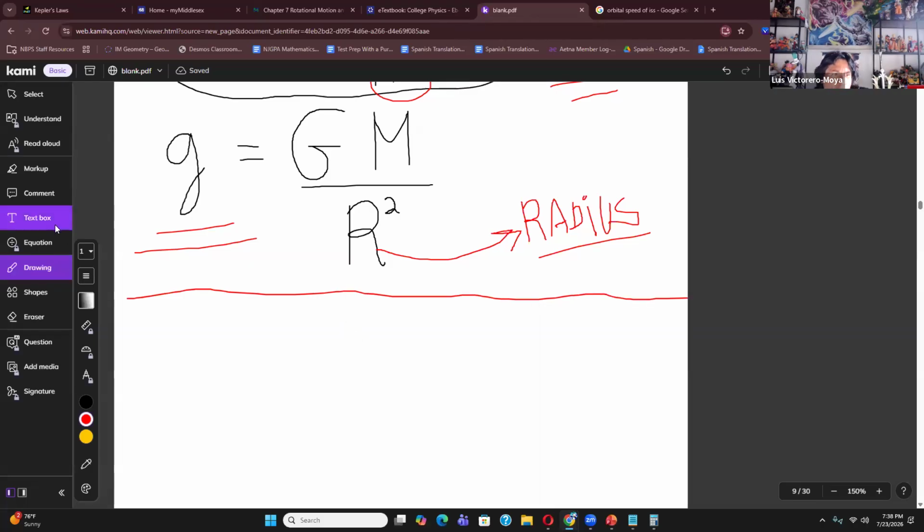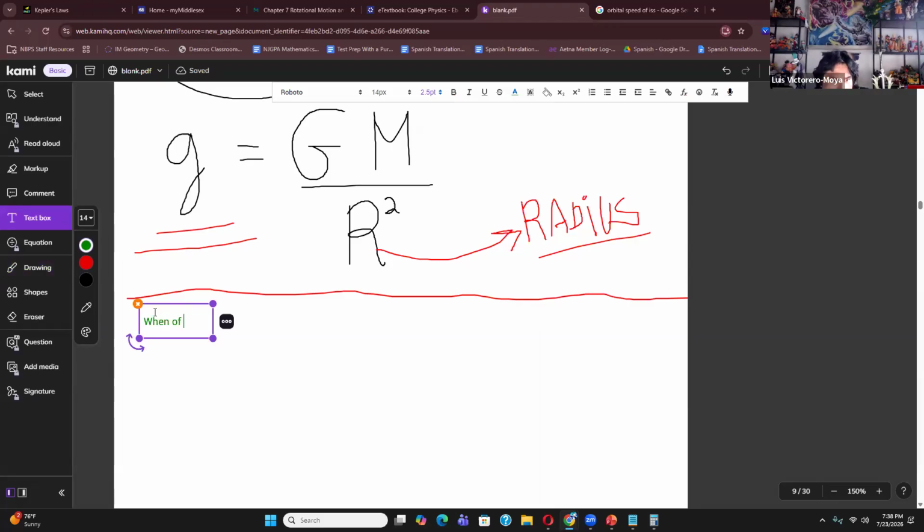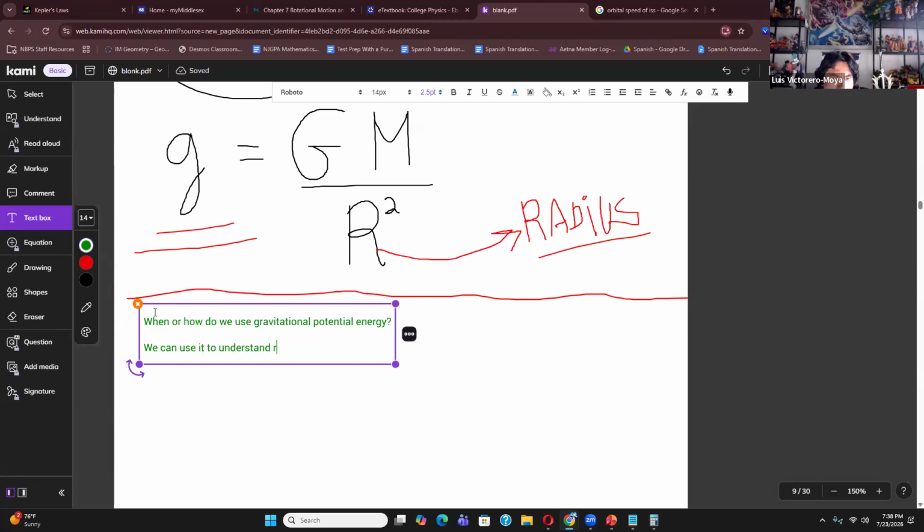When do we use energy? We can use it to understand rocket launching and escape velocity.